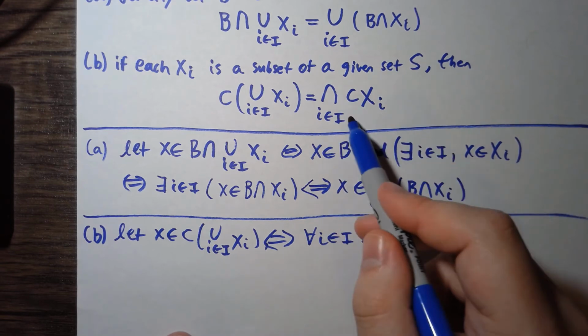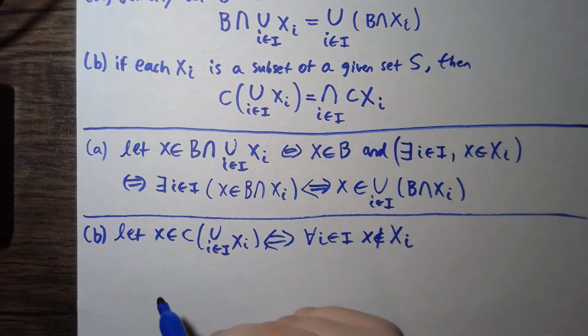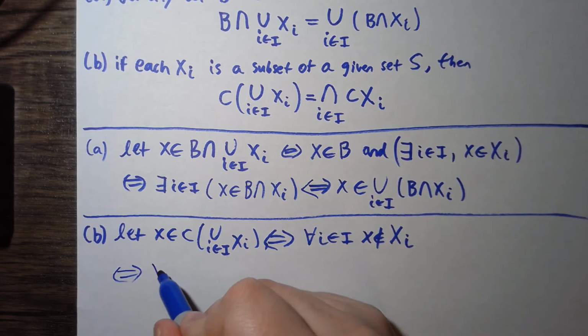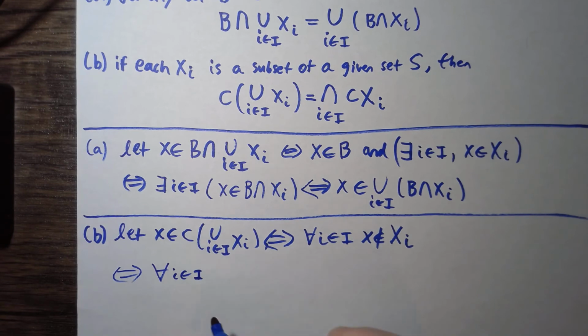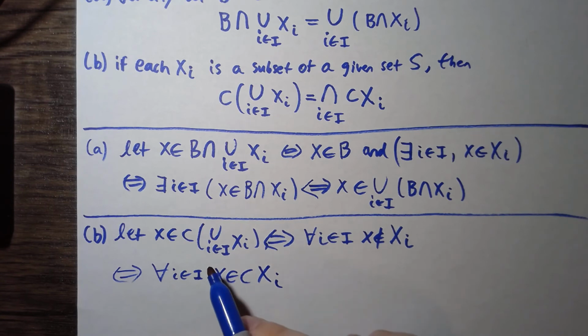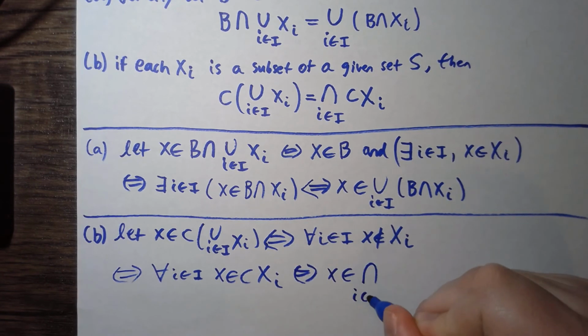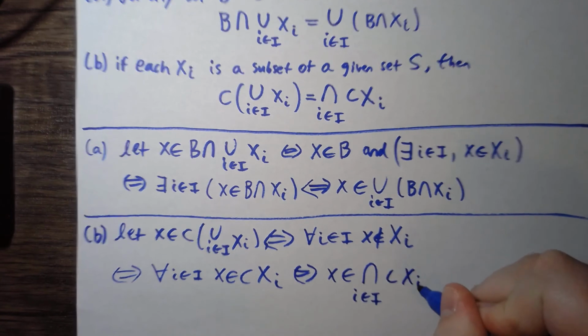You want to show that it's in the intersection of the complements. Therefore, this is true if and only if for every i in I, x is in the complement of x sub i, and since this is true for every i, this is only true if x is in the intersection of the complements of the x sub i's.